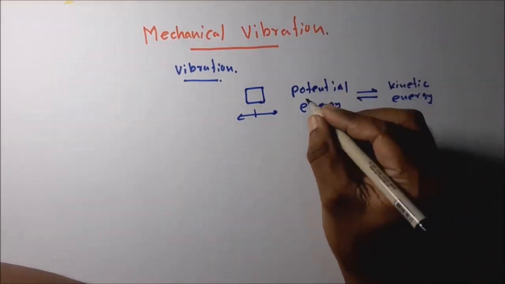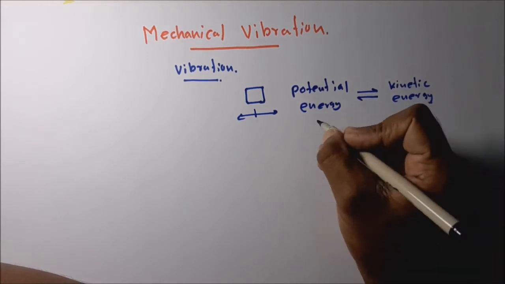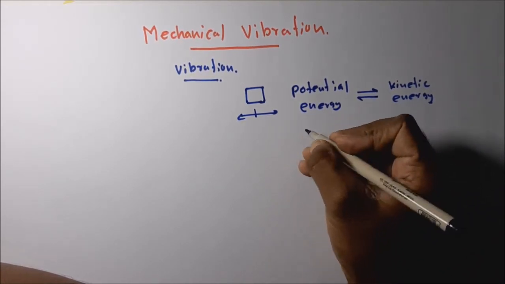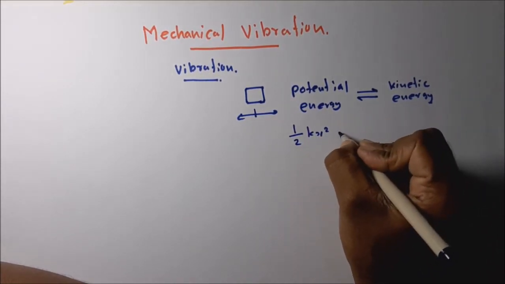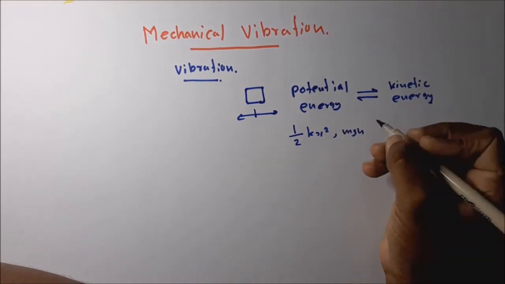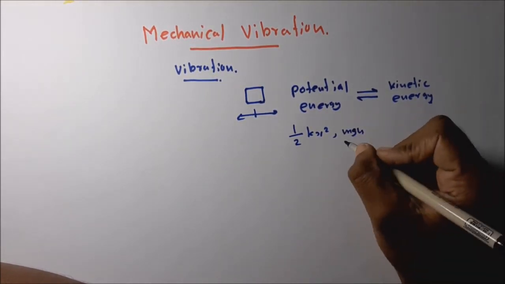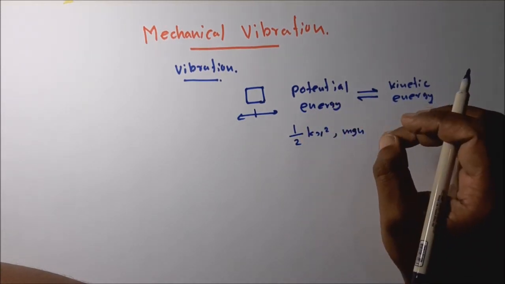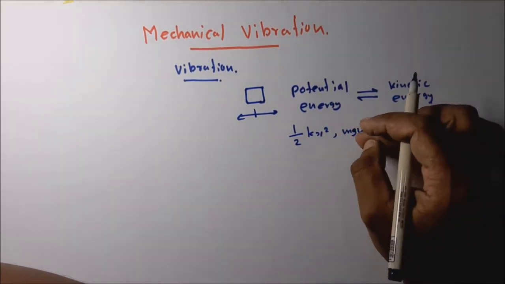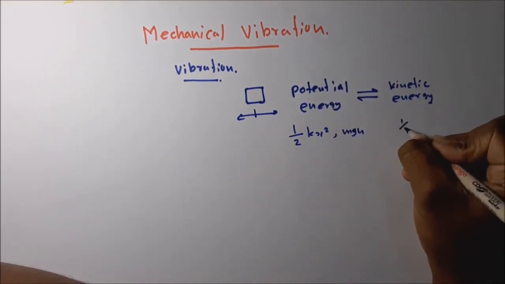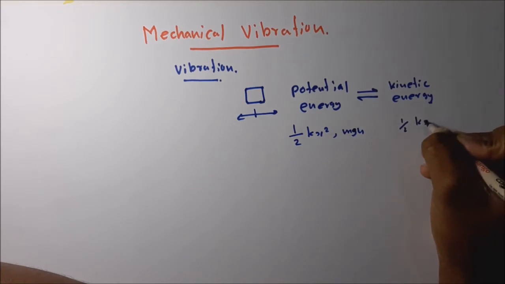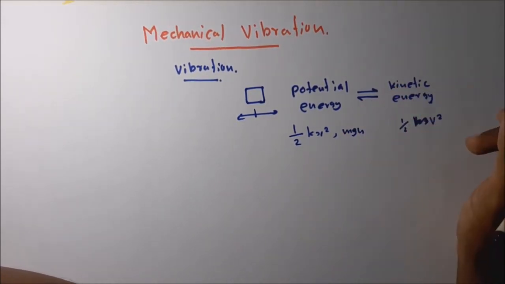In most cases the potential energy is stored in a stiffness. We can simply say it is half k x squared, or mgh. Generally there are two types: the stiffness, and also the gravitational potential energy. The kinetic energy is half m v squared.